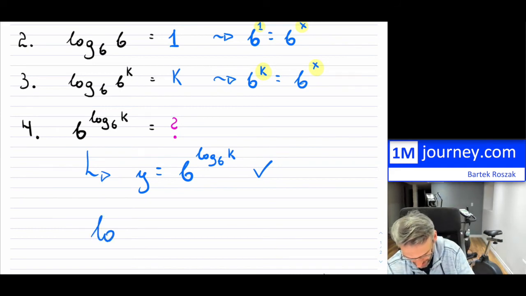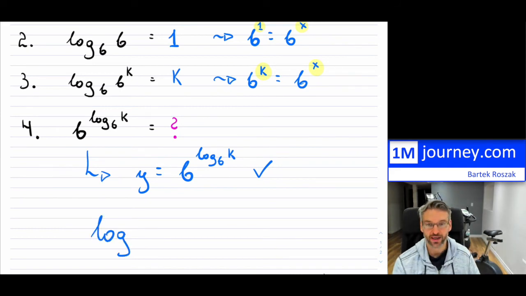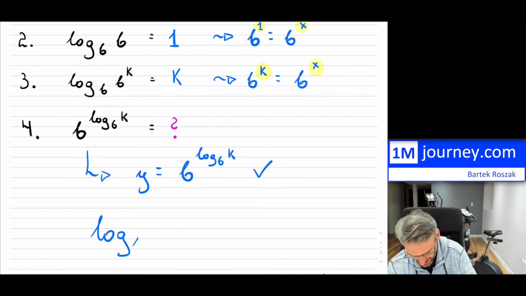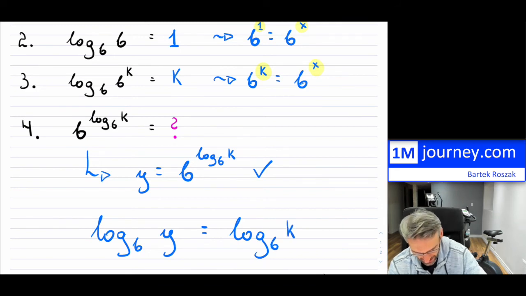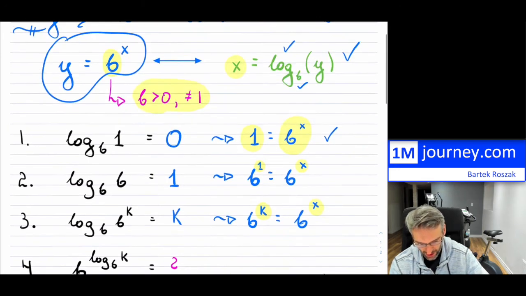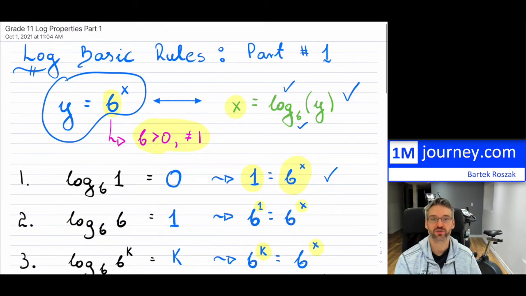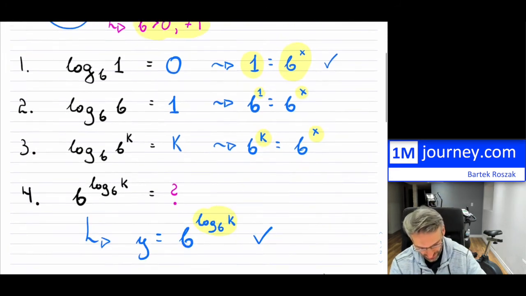It's going to look like log of your base b of y, and it's supposed to be equal to whatever your exponent is. My exponent is log of b k. This is exactly what my exponent right here is.